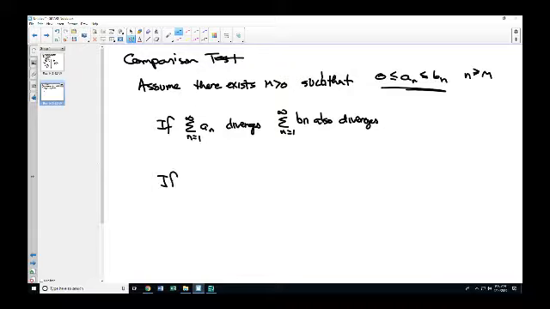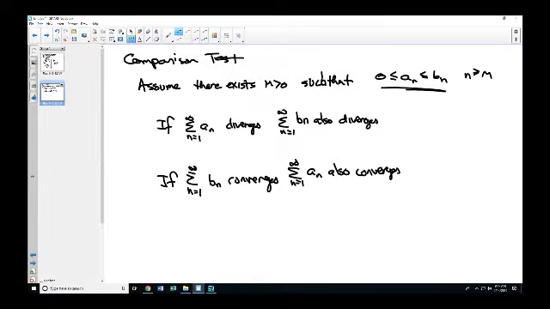You don't need to worry about it. So if b sub n converges, then a sub n also converges because it's smaller. We need to rewrite it though.